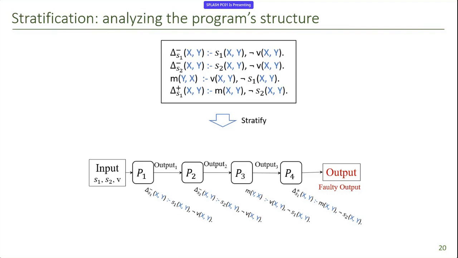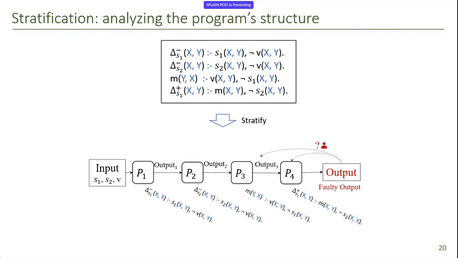For example, the last rule must be evaluated after the third rule because the relation M is used in the last rule. By having this clear structure, we know that the input is passed to P1 and then passed to P2, P3, and so on until we have a final output.